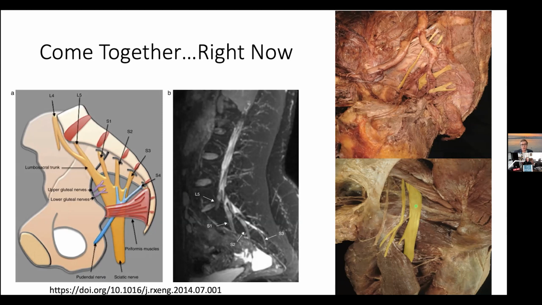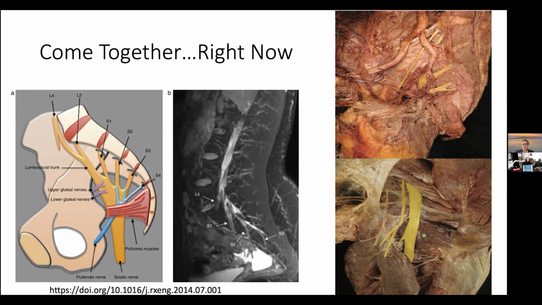The one on the right, the larger one, is the sciatic nerve. The one on the left is the posterior femoral cutaneous nerve. Both of these, of course, are carrying multiple cord levels. The sciatic nerve, L4 to S3, posterior femoral cutaneous nerve, S1 to S3. And, of course, virtually all of the nerves reaching below the knee are branches of this sciatic nerve.